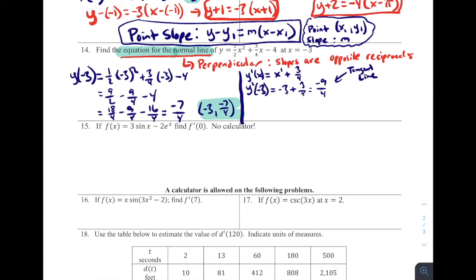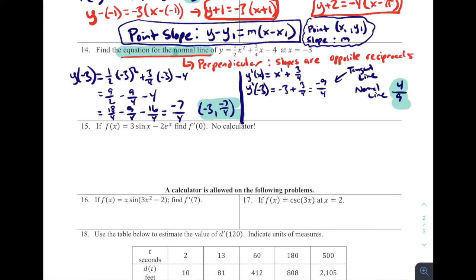which means if we want the normal line, we need to take the opposite reciprocal. So the opposite reciprocal of -9/4 is going to equal +4/9. So we flipped the fraction to make the reciprocal, and then we changed the sign to get that 4/9. So this is our slope of that normal line.